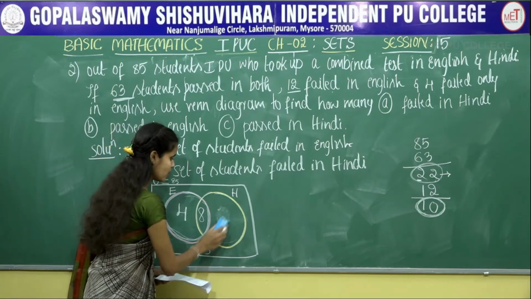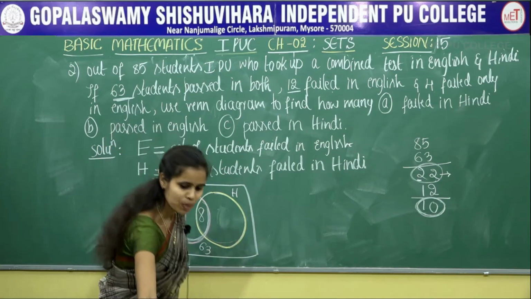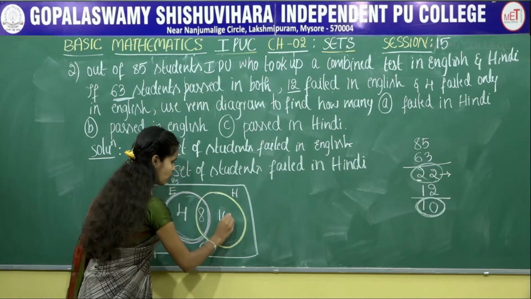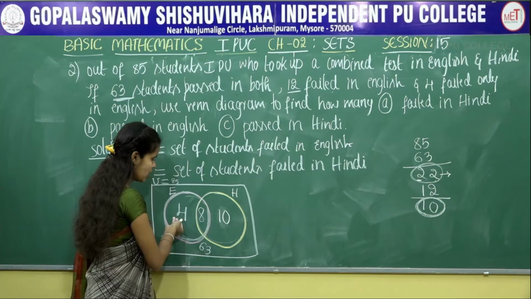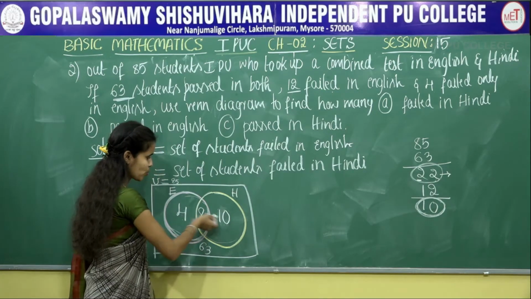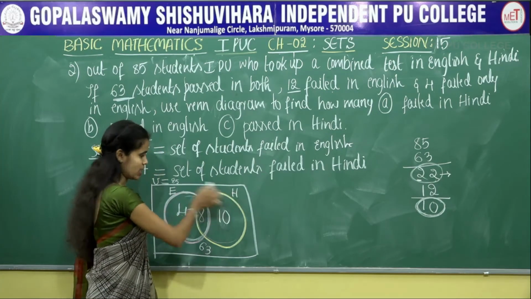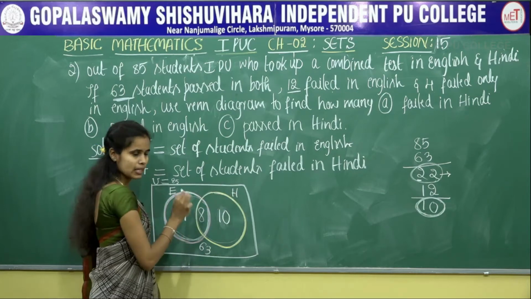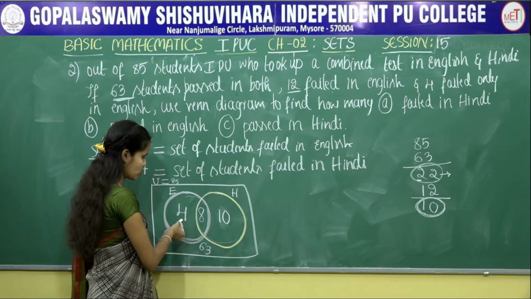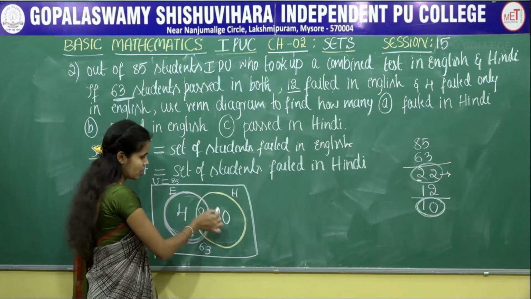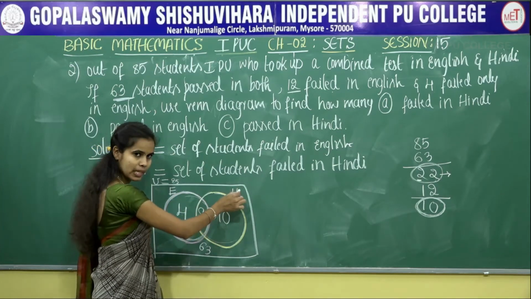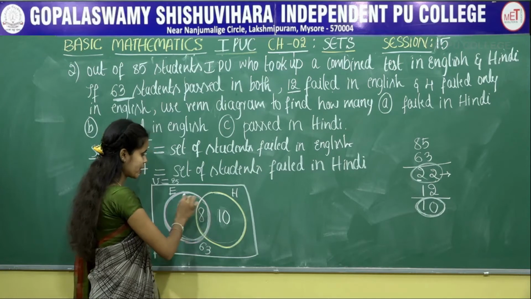So here only Hindi, 10 students failed in Hindi. Now calculate: 10 plus 8 is 18, 18 plus 4 is 22. So 22 students failed in either Hindi or English. So 4 students failed in only English, 10 students failed in only Hindi, 8 students failed in both.